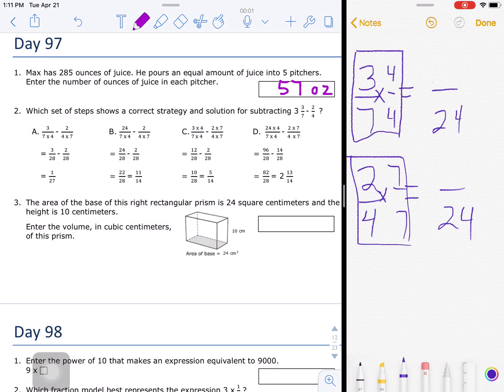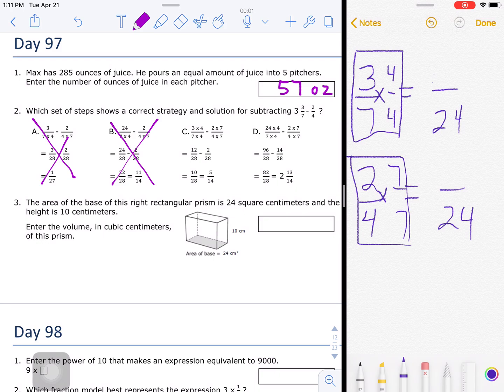So let's look over at our choices here. I know that I cannot choose A or B because neither one of those problems changes the original fraction into an equivalent fraction. But let's look over at C and D.